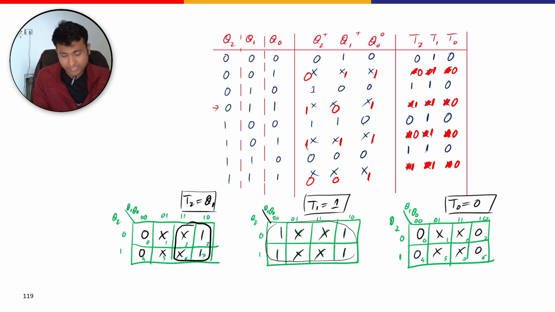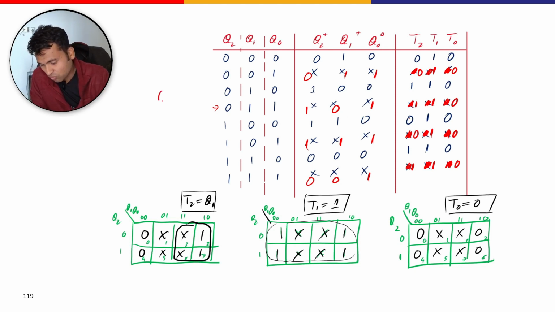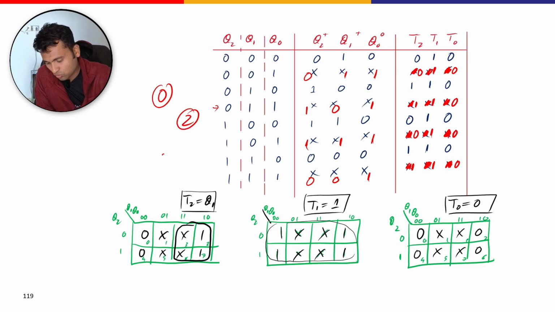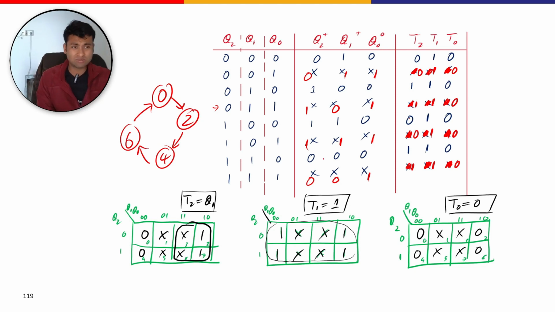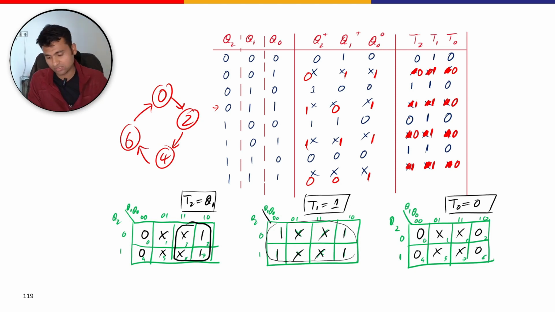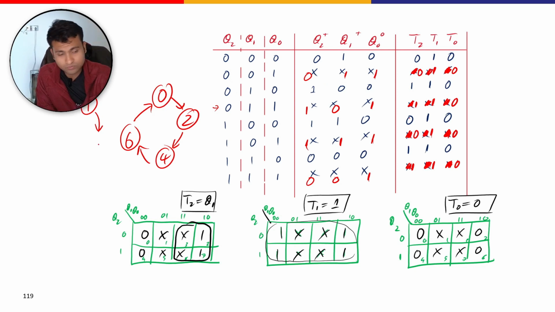And let's quickly draw the state diagram for this as well. What we do know is 0, 2, 4, 6 and back to 0. So 0 to 2. This table we have drawn, so it's not very hard to draw this right now. Then if I am in state 1, the next state I will be going to is state 3.